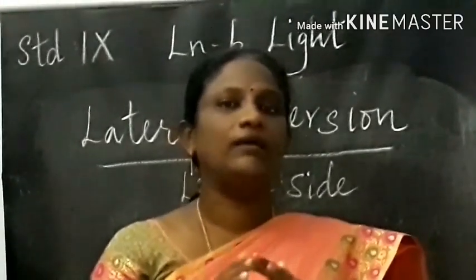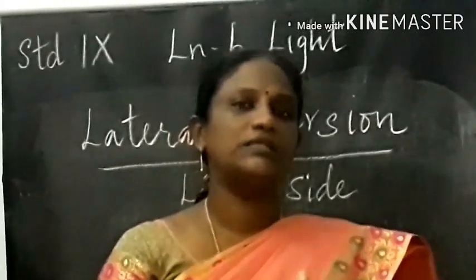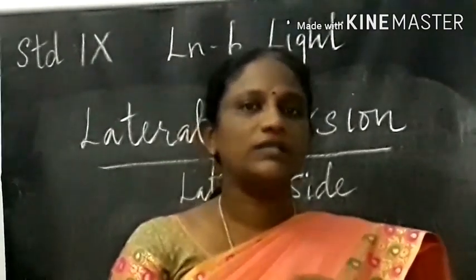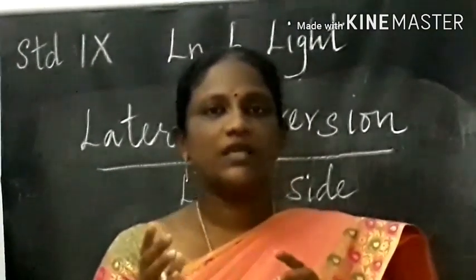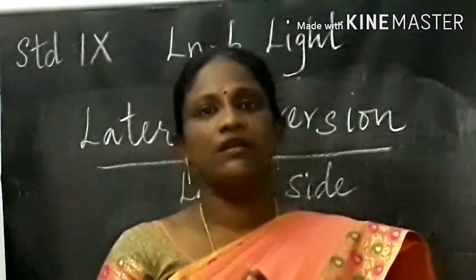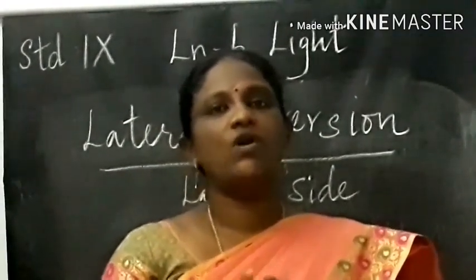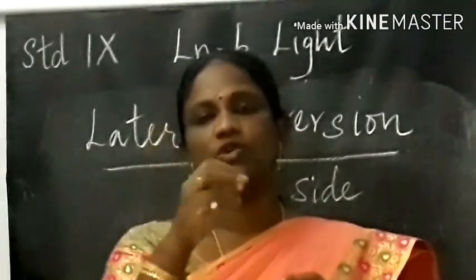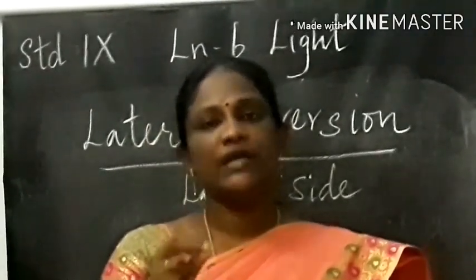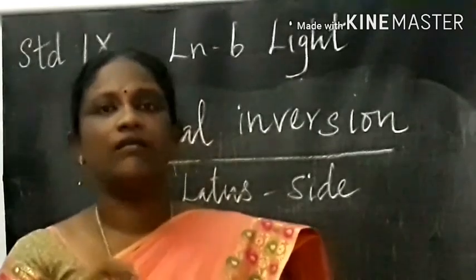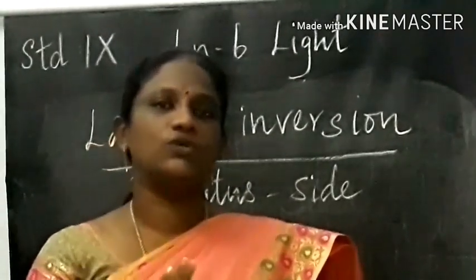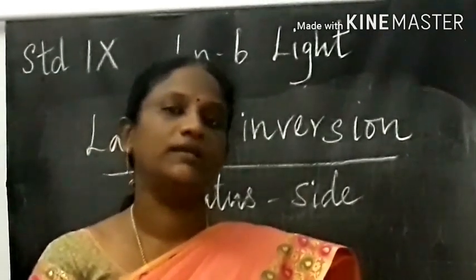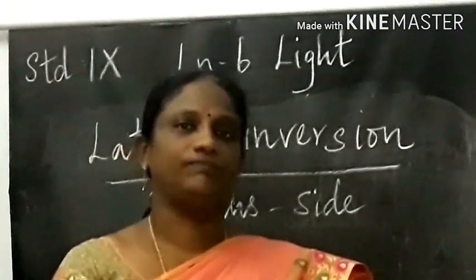It is only reversing the inside out. But for us, it appears to be reversing left and right. So this is called lateral inversion. It appears, not exactly, to be inverting right to left and left to right. So this is called lateral inversion.